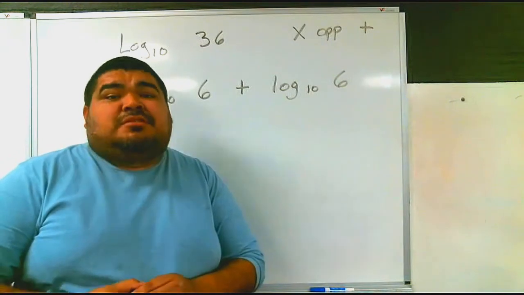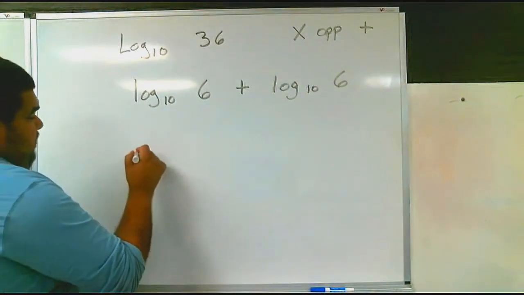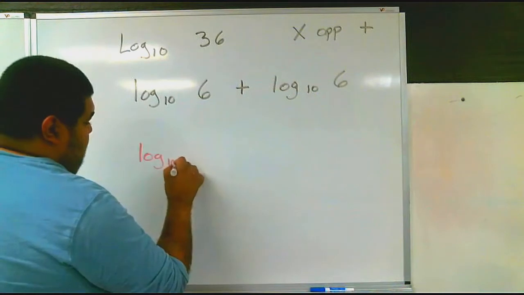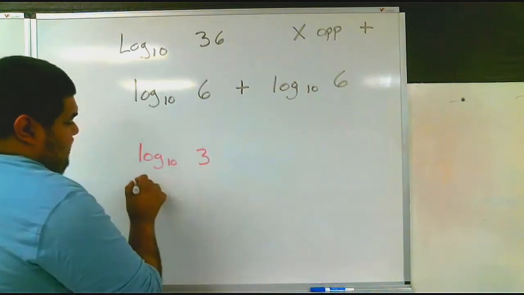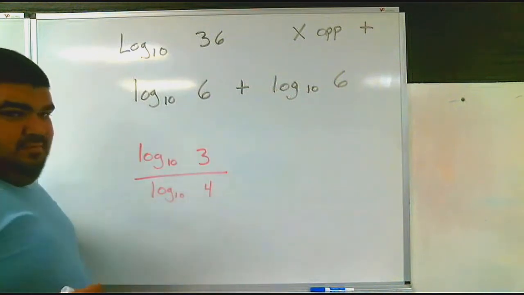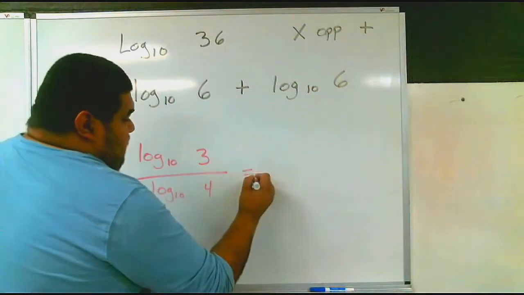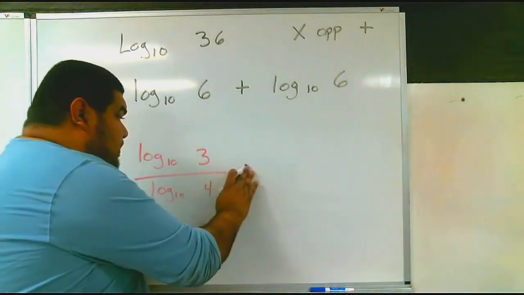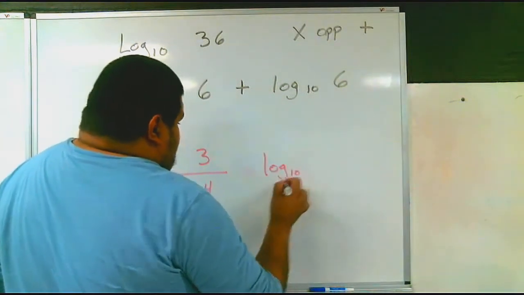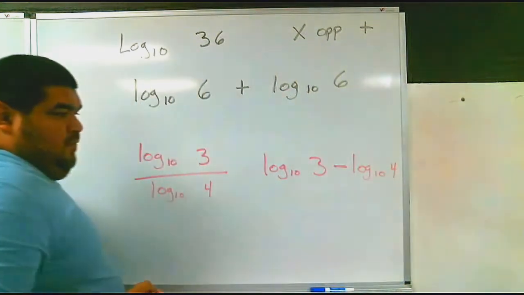When it comes to division, again, for example, if we have log base 10 of 3 divided by log base 10 of 4, this becomes log base 10 of 3 minus log base 10 of 4.